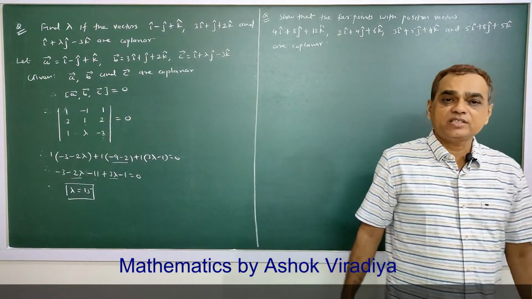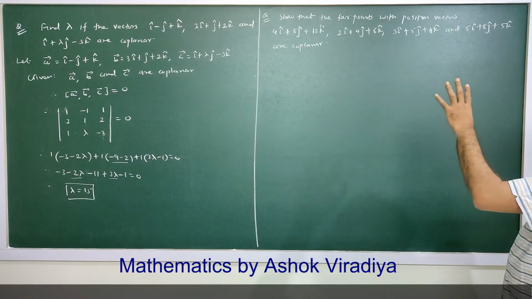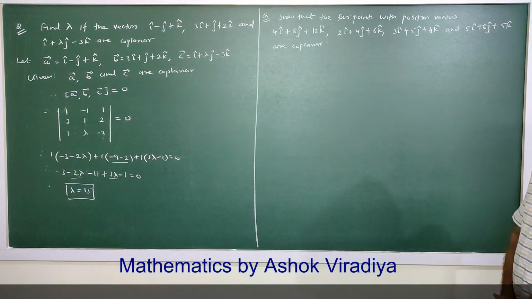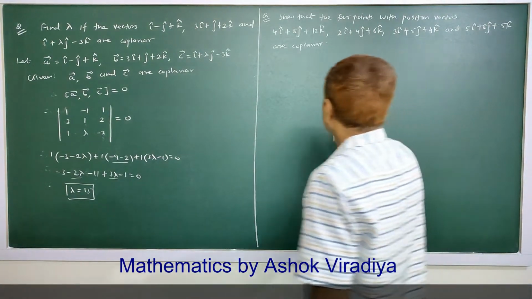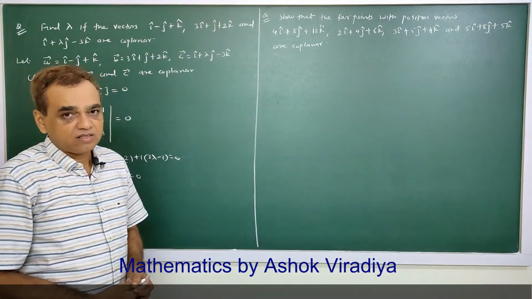Now in this question, position vectors of 4 points are given. Here these are position vectors of 4 points.